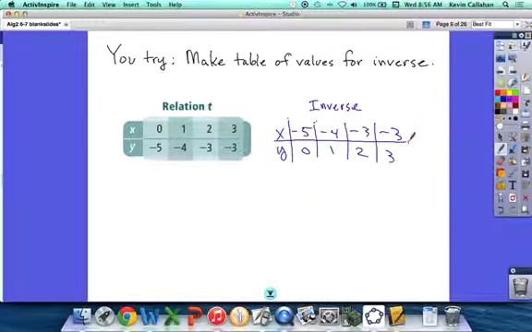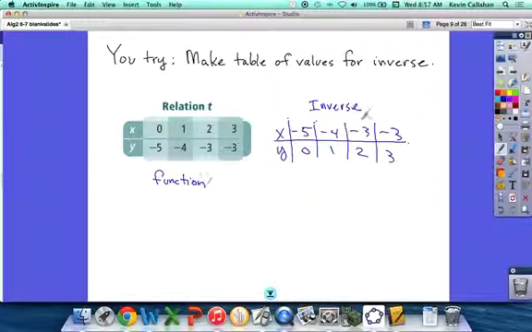Now, looking at a table of values, how is it that you determine whether it's a function? If the x's repeat. So in this one here, would you say that it's a function? Yeah, this one is a function because there's no repeated x, right? Function. But what about the inverse?